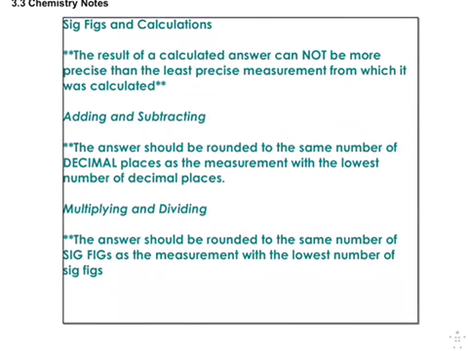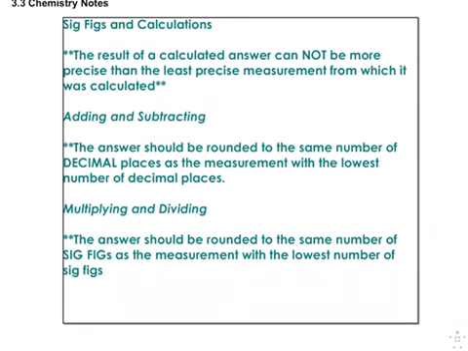All right, last part is then significant figures and math, more specifically just the arithmetic. The results of the calculated answer cannot be more precise than the least precise measurement from which it was calculated. So that means your answer cannot have any more sig figs than your lowest number of sig figs in the problem.